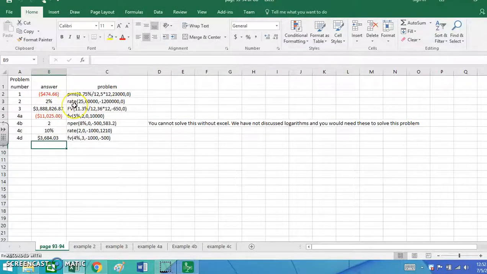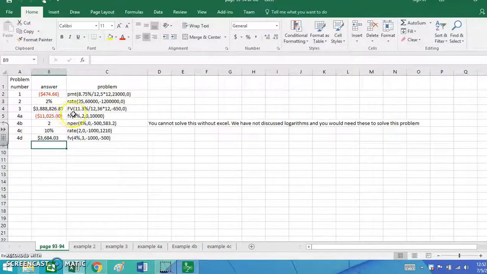Example number two, I typed in exactly what we wrote on the paper. So rate 25, comma, 60,000, comma, negative 12, negative 1,200,000 and 0, and I come up with 2%.